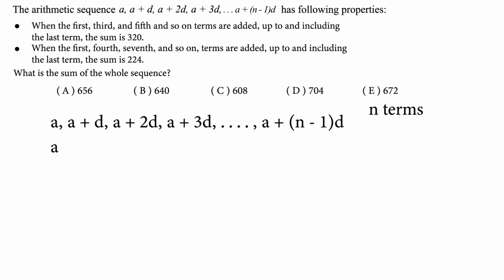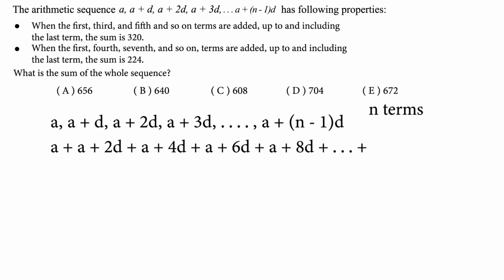That means a is the first term, the third term is a plus 2d, the fifth term is a plus 4d, hopping over 2 each time, so a plus 6d, a plus 8d, and so on, all the way up to and including the last term, which is a plus (n minus 1)d. That sum is equal to 320.